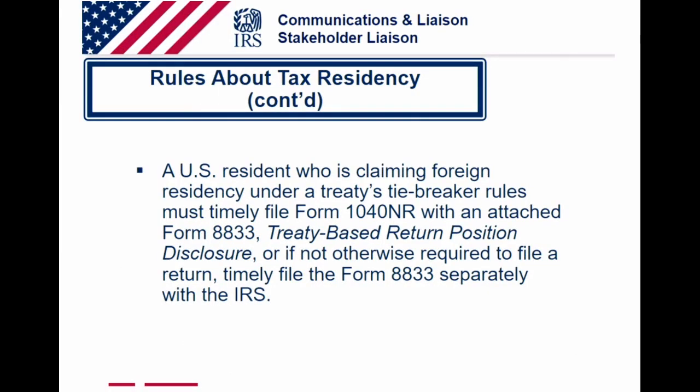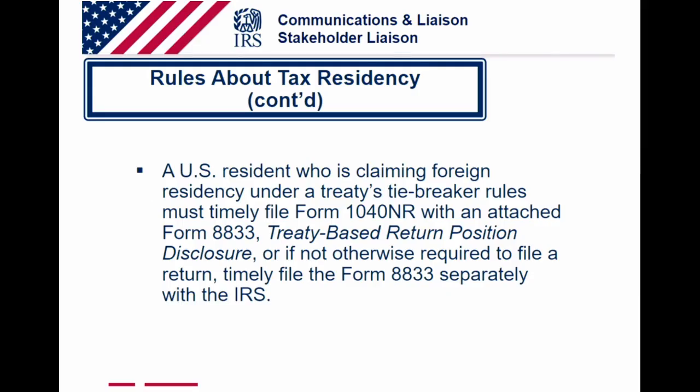A U.S. resident who's claiming residency in a foreign country under the tiebreaker rules of a treaty must timely file a Form 1040-NR with an attached Form 8833, treaty-based return position disclosure.